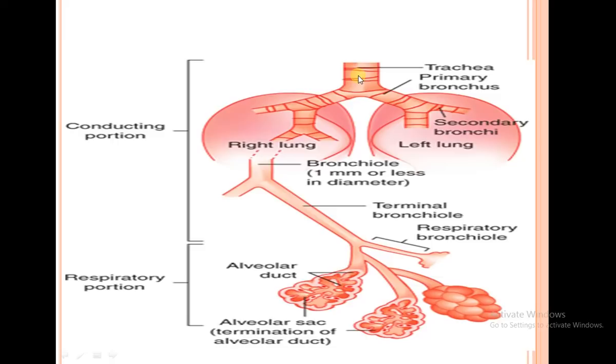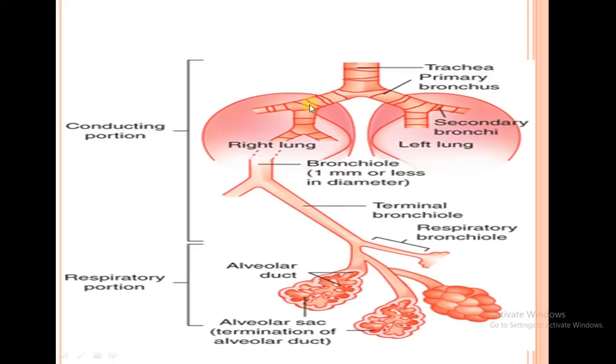Now the trachea divides into two main branches, the left and the right bronchi. Here you can see in this diagram, this is the left bronchus and this is the right bronchus, which will enter its respective lung. Inside the lung, the bronchi divide dichotomously, which means that each bronchus divides into two branches, then each branch divides again into two.